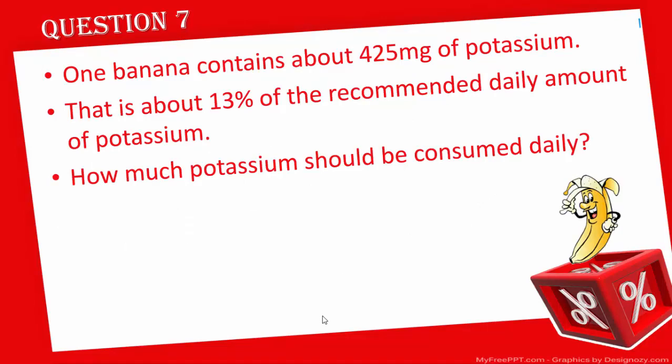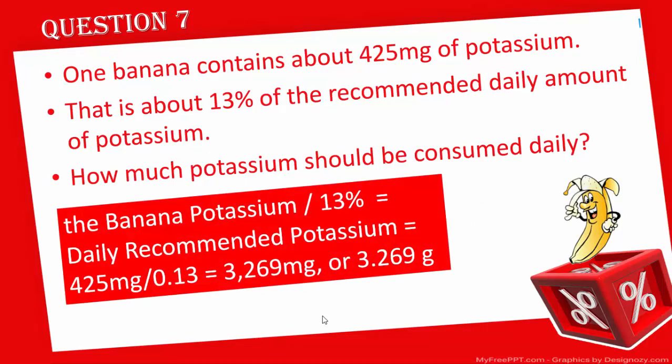Coming back to the PowerPoint, I'll just fill it in. And we found that the daily recommended amount is 3,269 milligrams of potassium, and we converted it into grams, which is equivalent to 3.269 grams.